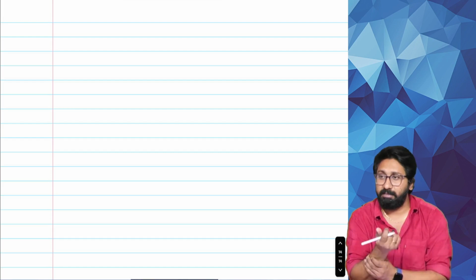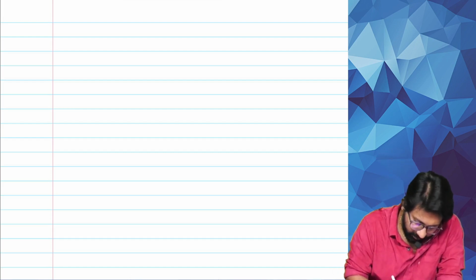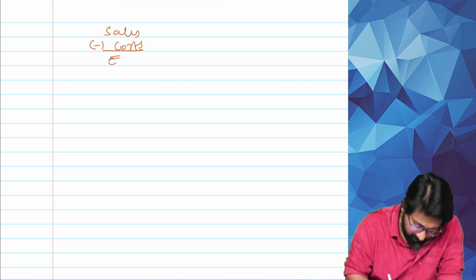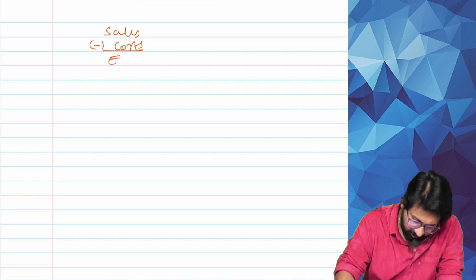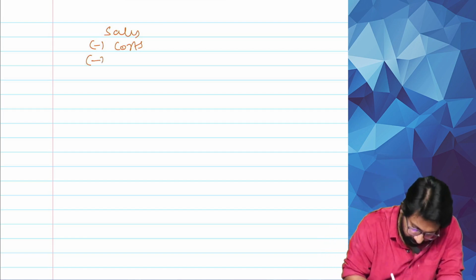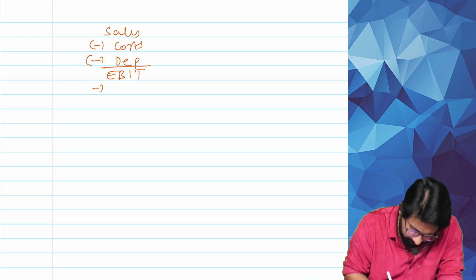They say it like this. Sales minus cost gives EBIT. Minus depreciation gives EBIT. Minus tax gives EAT.